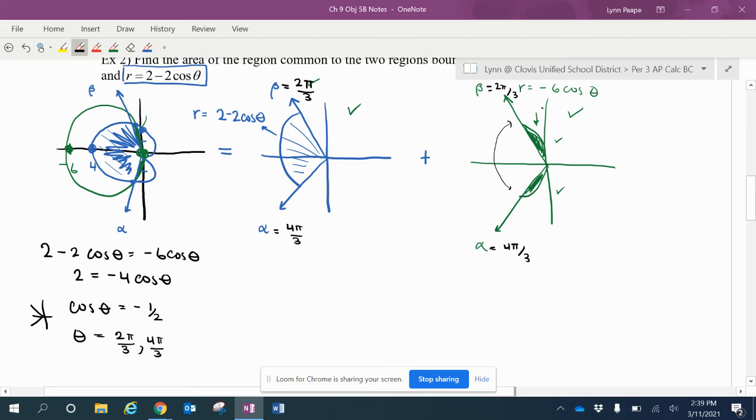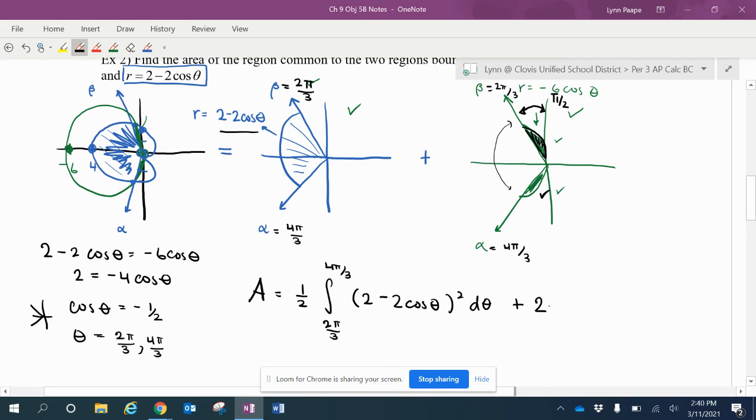And so instead, what I'm going to do is just go between the quadrantal angle and 2 pi/3 and then double it. So this quadrantal angle is at pi/2. So I'm just going to find the area of this one right here and then double it so that I include that bottom one. So then my area would be 1/2, the integral from 2 pi/3 to 4 pi/3 of this function squared, and then plus, and now I'm going to double this.